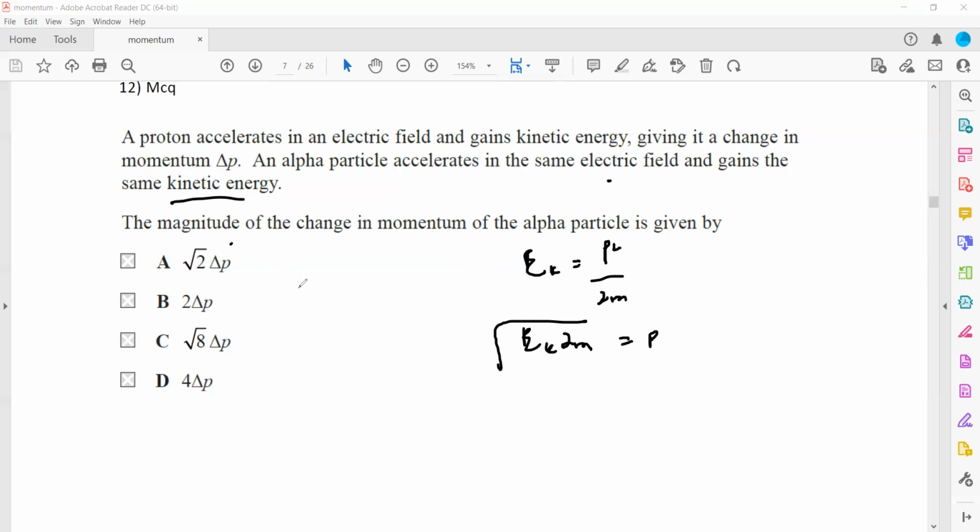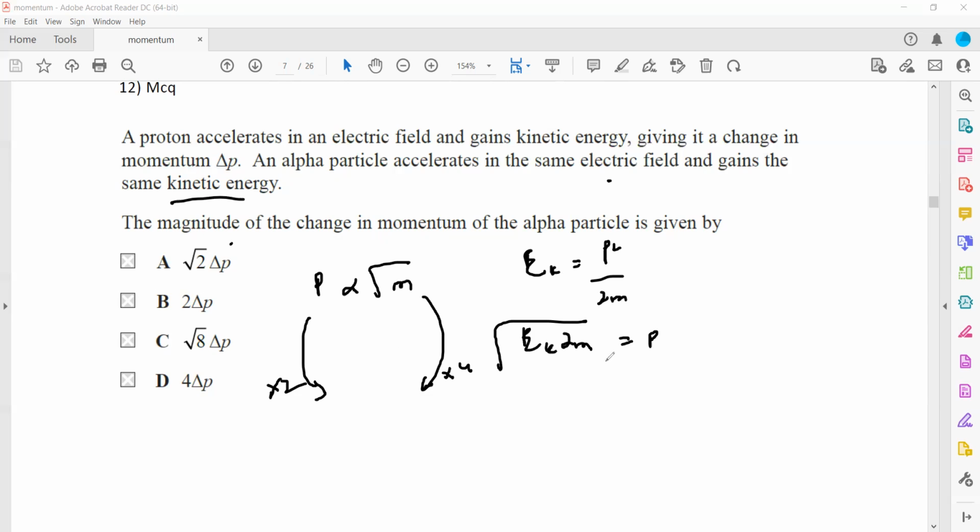The momentum is proportional to the square root of the mass. As we know, the mass becomes 4 times, so it increased by 4. So what will happen to the momentum? Momentum will increase by the root of that number. Under root 4 is equal to 2, so this will increase by a factor of 2.